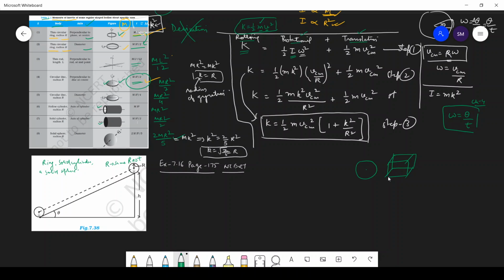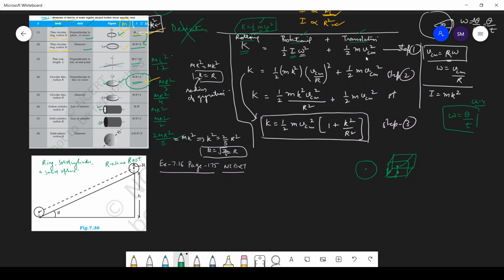Taking x-axis, y-axis, z-axis, moving half of the distance along the x-axis, then half of the distance along the y-axis, we have reached here. Now half of the distance along the z-axis. That's the center, or the longest diagonals also meet at this point. So this is the center of mass of the cube.